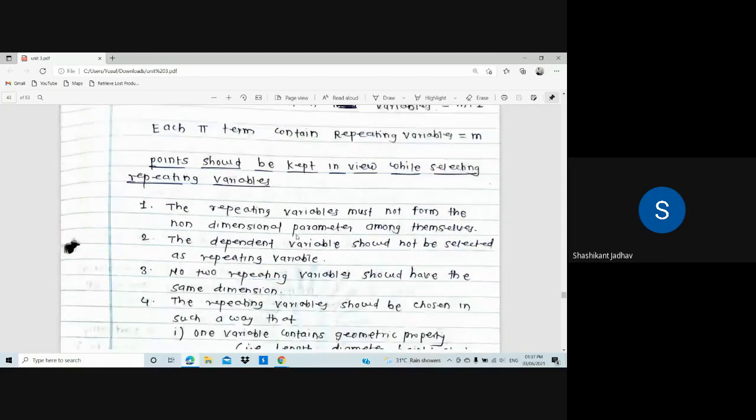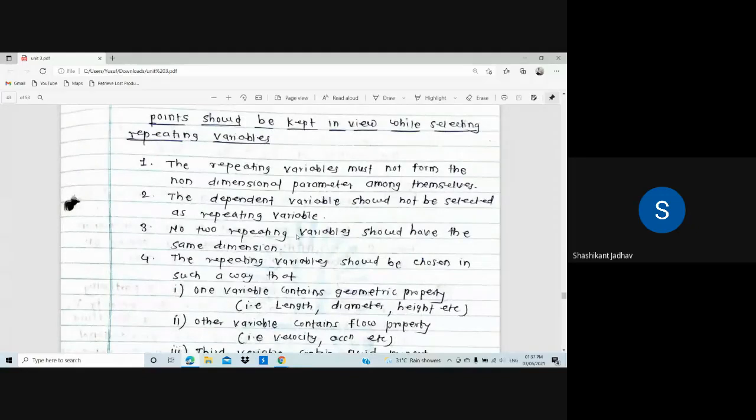So write down, points should be kept in view while selecting repeating variables.